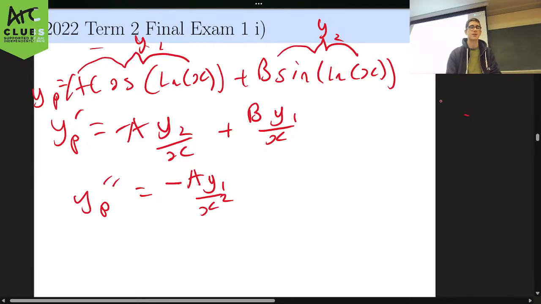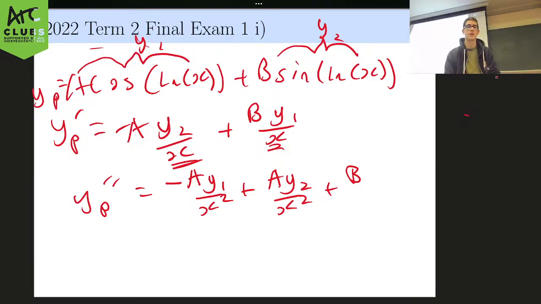And you can verify these calculations if you want. I've just done them in advance to not have to repeat too much. Plus b, and hopefully we'll see that these x terms on the bottom and these x squared terms cancel out with the coefficients in front in our differential equation. That's what we're working towards.